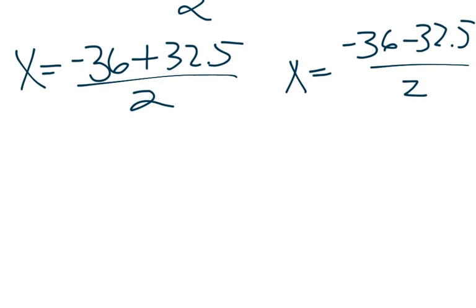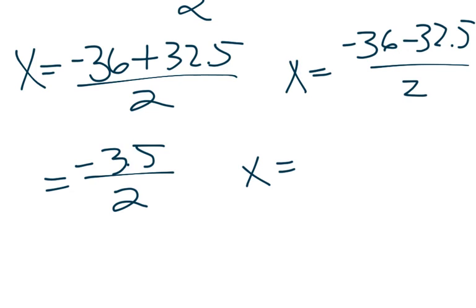So we have that negative 36 plus 32.5 is negative 3.5 over 2, and x equals negative 36 minus 32.5, so that is negative 68.5 over 2.